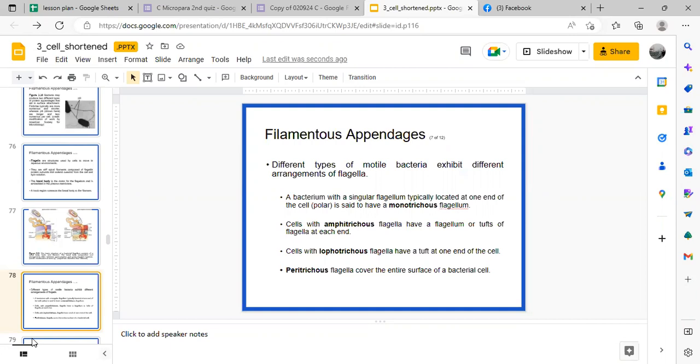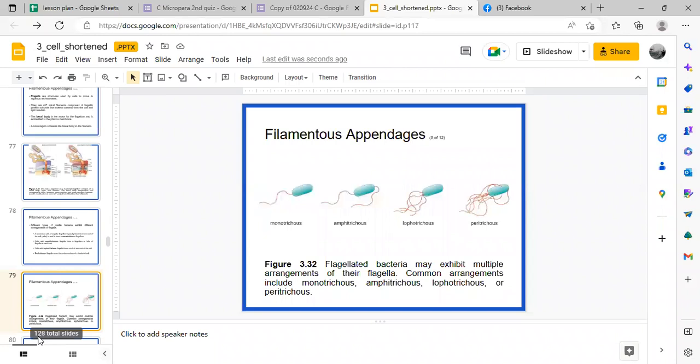Pero kung yung entire cell mo covered with flagella, you call that peritrichous. So monotrichous, isa lang yung flagellum.